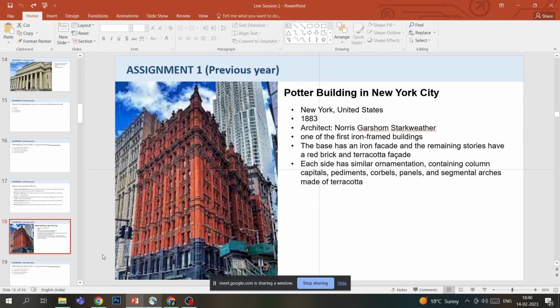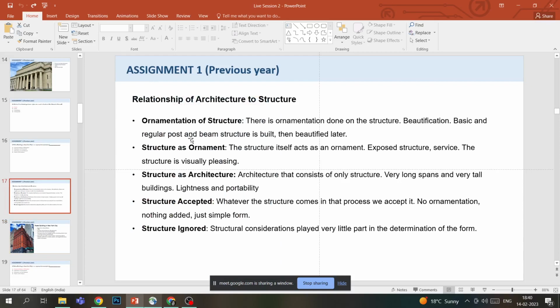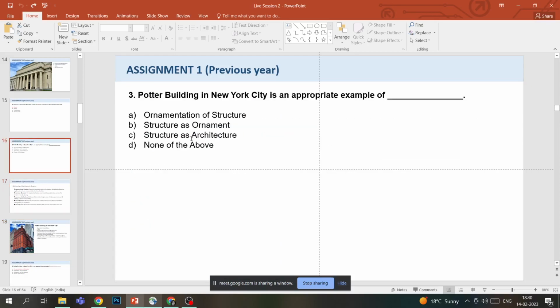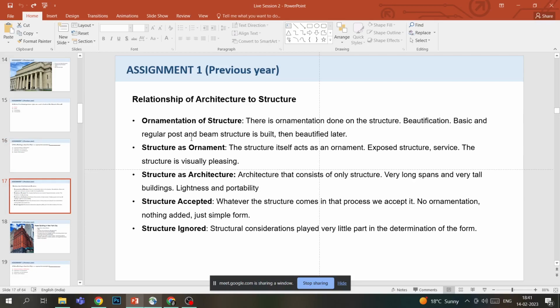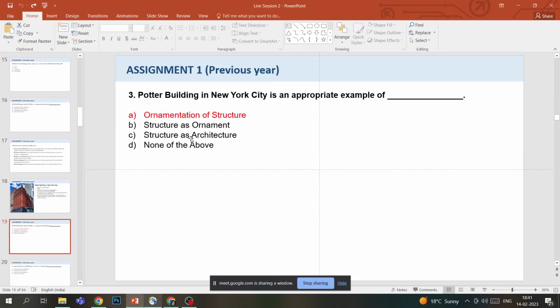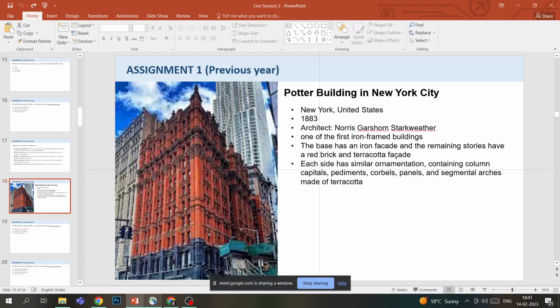And at the top, it is highly decorated. So as we talked about all these types of structure, when you go back to it, you can very easily identify that it is ornamentation of structure. Basically, the structure has been built, and then that structure has been decorated later on. So this is ornamentation of the structure.